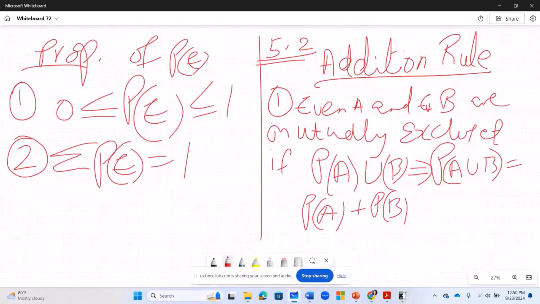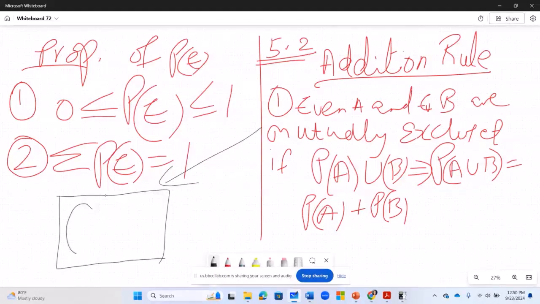So actually, I will use what is called a Venn diagram to explain addition rule. I'm going to draw a Venn diagram here. We remember this from before. If I draw a Venn diagram, this is a universal set.